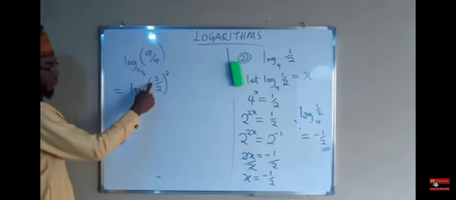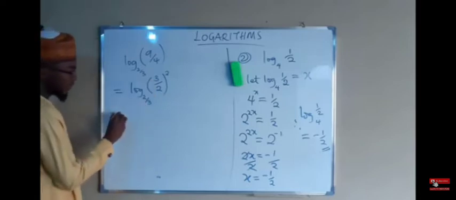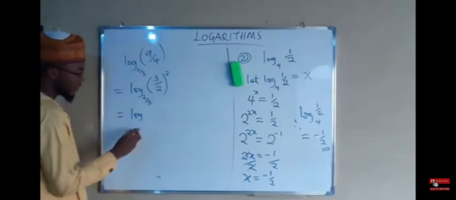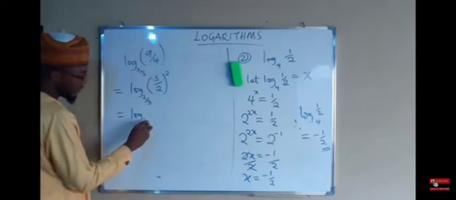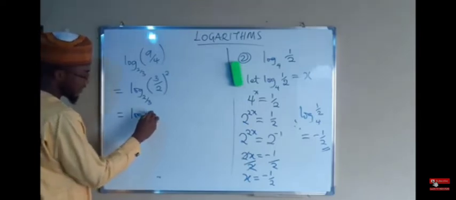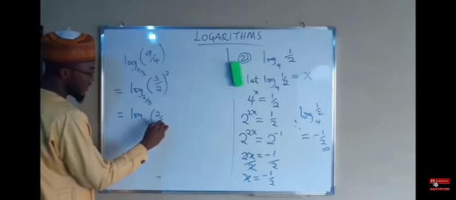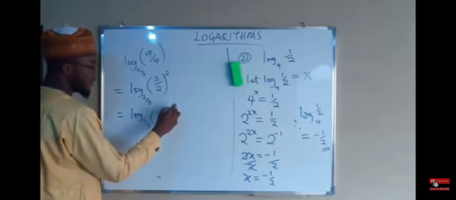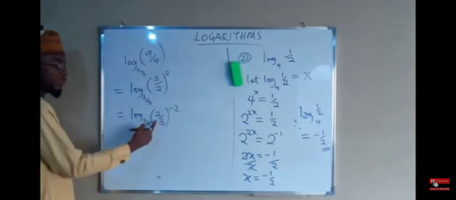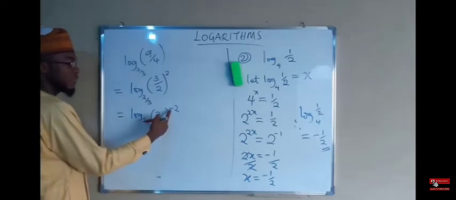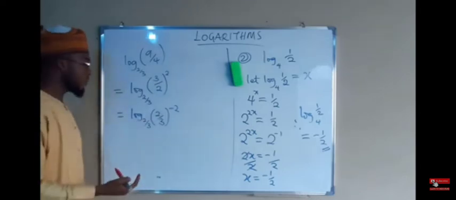To change this into the same form, we have 2 over 3 to the power of negative 2. If you take the reciprocal of this, it will give us this, and we multiply the power with minus.